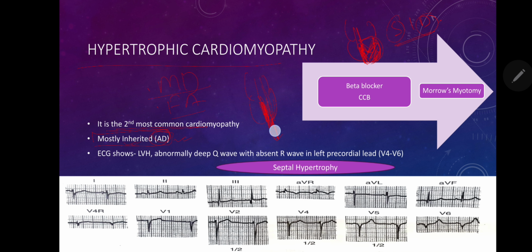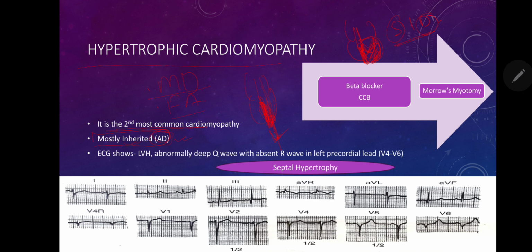During systole, the blood cannot go to the aorta because there is a narrowing in the passage of the aortic root, as there is a septal hypertrophy. This type of cardiomyopathy is called idiopathic hypertrophic subaortic stenosis. That means due to the septal hypertrophy, there is a narrowing in the subaortic space, and there is a problem in the systolic function, and the blood cannot go out from the aorta.